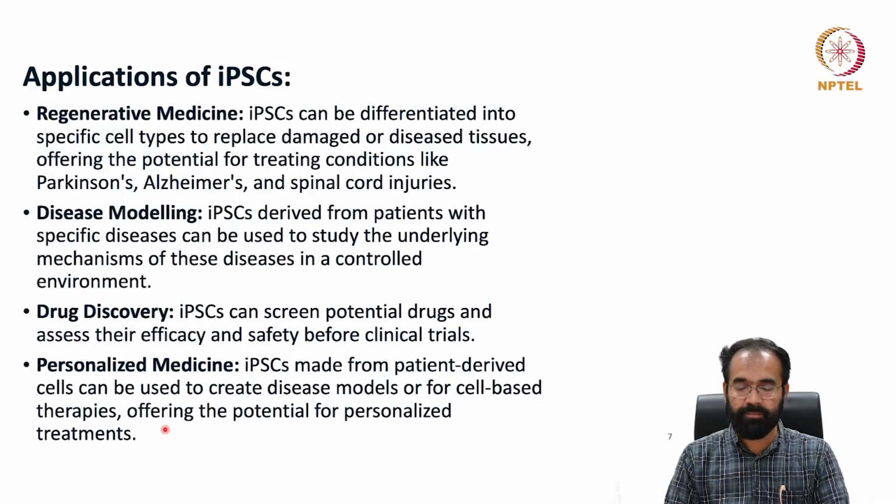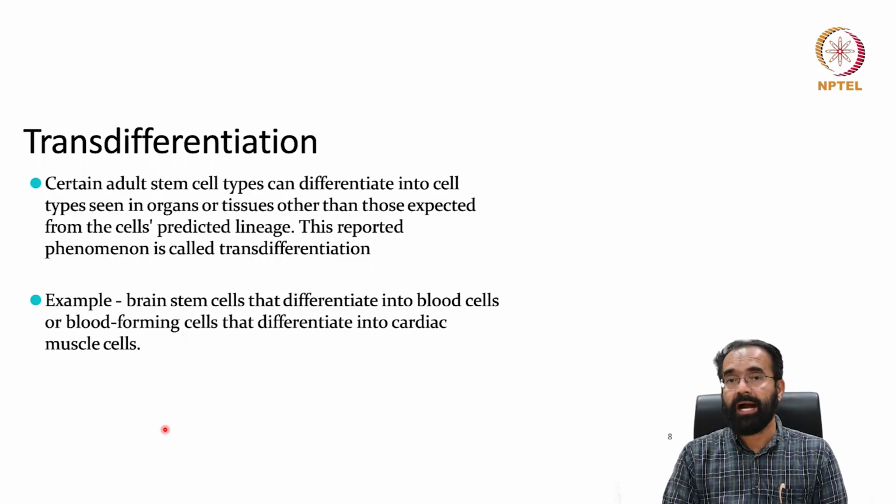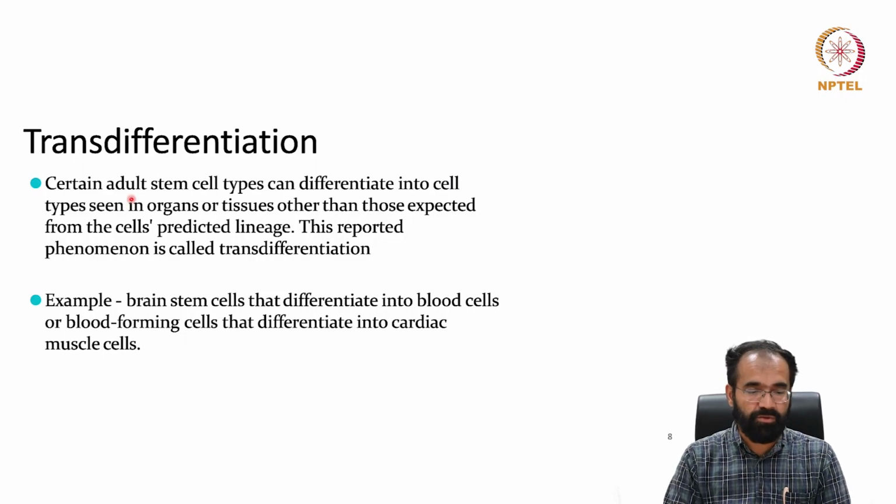in psychiatric treatment, etc. So another point we should understand is about transdifferentiation. Transdifferentiation, certain stem cell types can differentiate into cell types that are seen in organs or tissues other than those expected from the cell's predicted lineage.